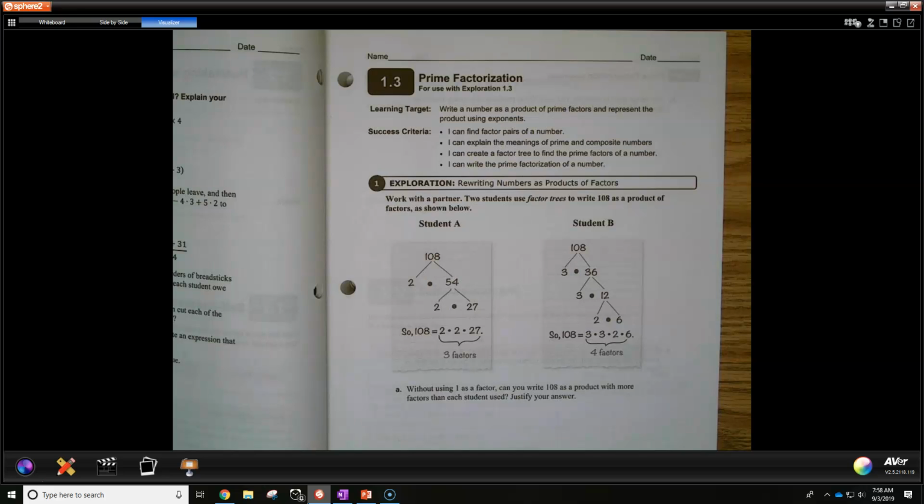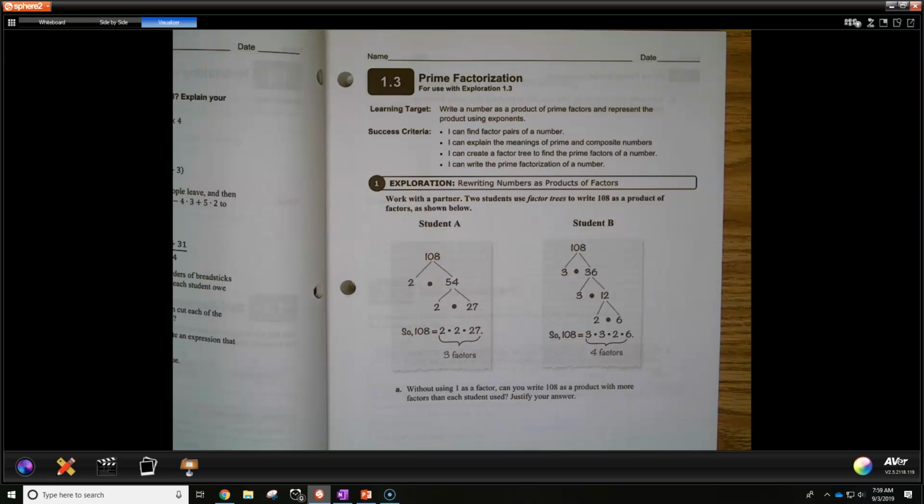Your job on A, you may not use 1 as a factor. Can you write 108 as a product with more factors than each student? I'm going to give you that. Yes, you can. Here's the competition.